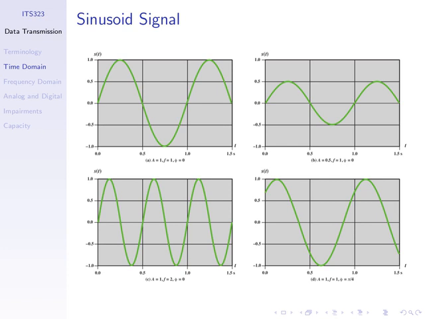We have a peak amplitude of 1 times sine 2 pi times the frequency, and in this case the frequency is 1, f is 1, times t plus the phase, and in the top left one the phase is 0, which is simply sine 2 pi t. That's the mathematical equation representing this signal.